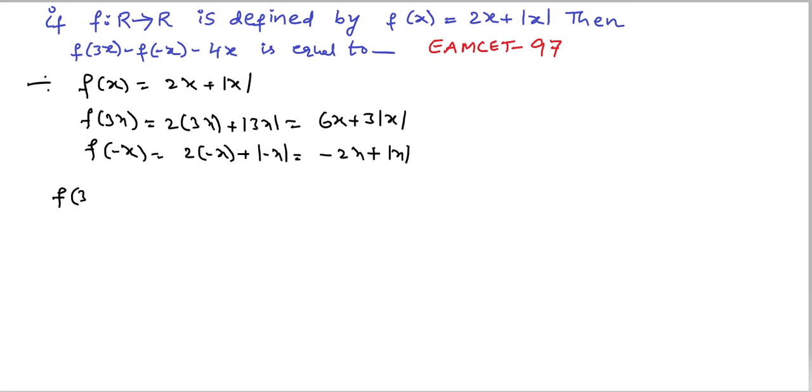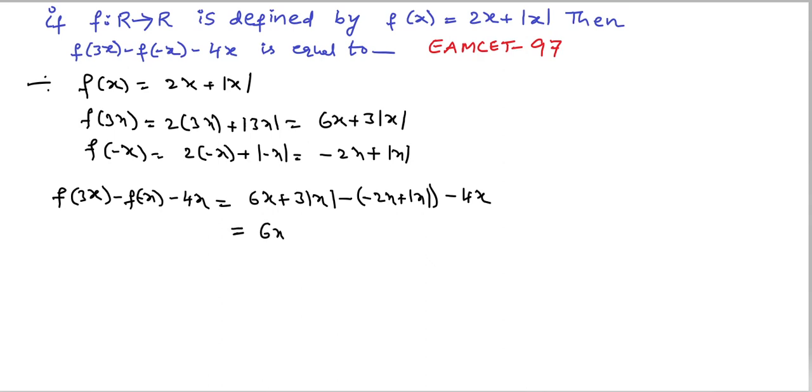Therefore, the value of f of 3x minus f of minus x minus 4x: f of 3x is 6x plus 3 mod x, minus f of minus x, which is minus 2x plus mod x, minus 4x. That equals 6x plus 3 mod x plus 2x minus mod x minus 4x, which is 8x minus 4x, that is 4x, plus 3 mod x minus mod x, that is 2 mod x.